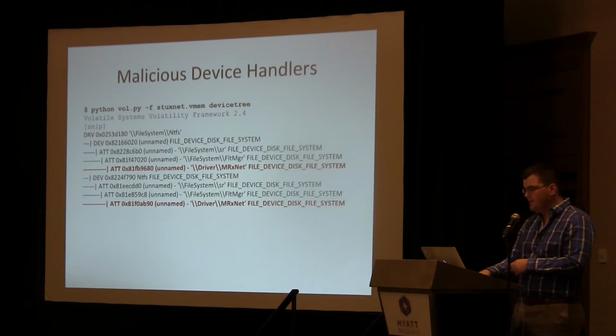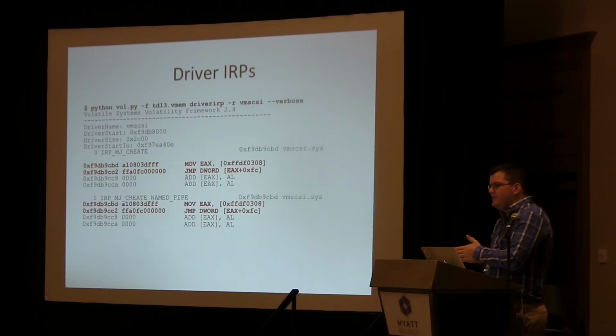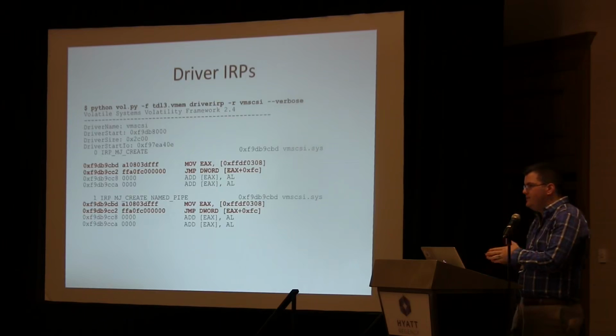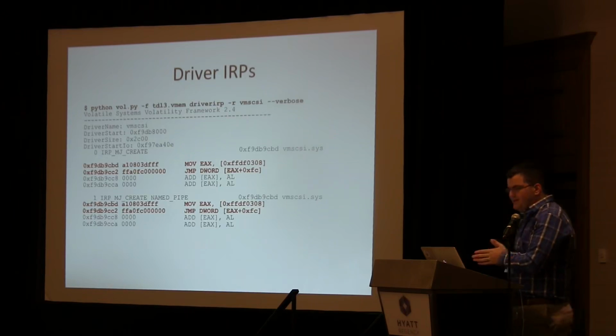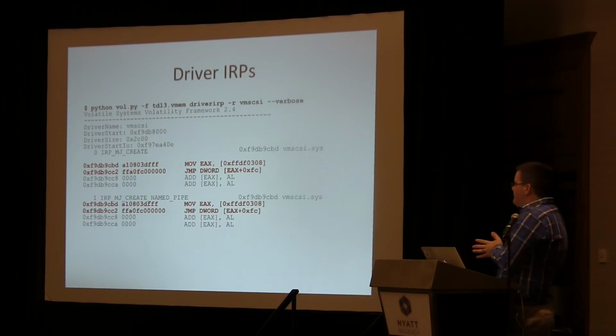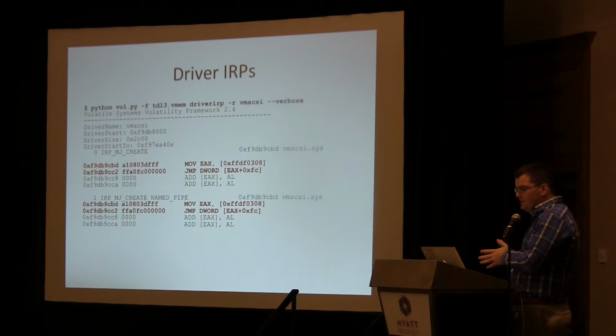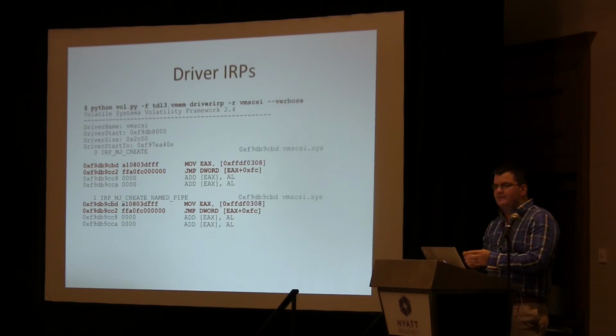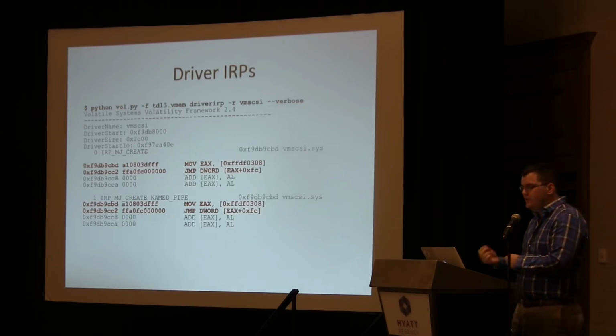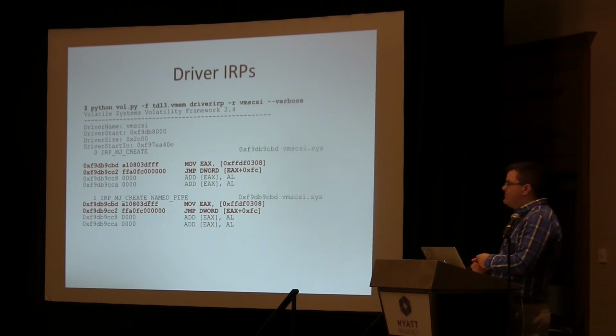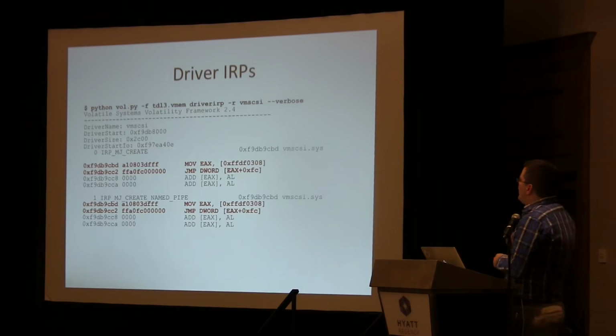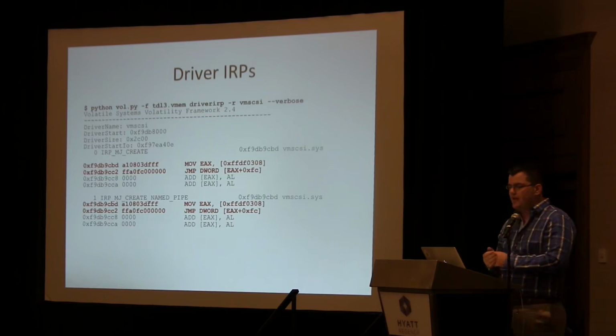Has anyone ever had to deal with TDL3 before, any of the variants? Very painful, not fun time. Okay, so TDL3 had some interesting techniques. When it hooked the driver IRPs, it didn't hook the indexes directly in the function table, as most malware did at the time. It actually did inline hooks on the specific handlers.